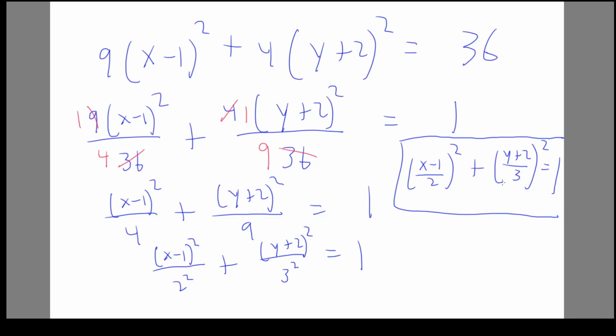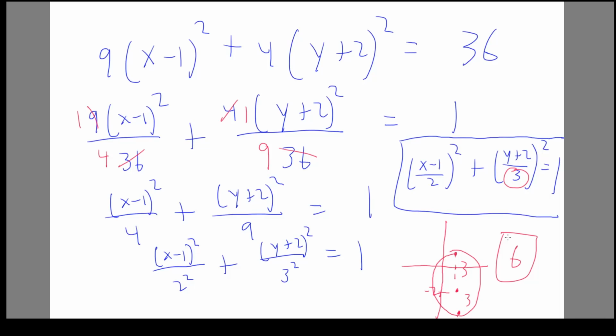If you're trying to find the length of the longest axis, the center would be at the point (1, negative 2), and the major axis would extend 3 above your center and 3 below the center. So the length of your major axis is 3 plus 3, which is 6.